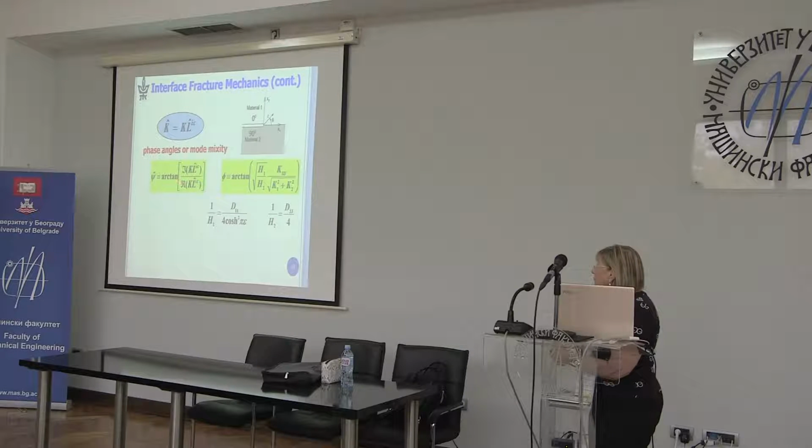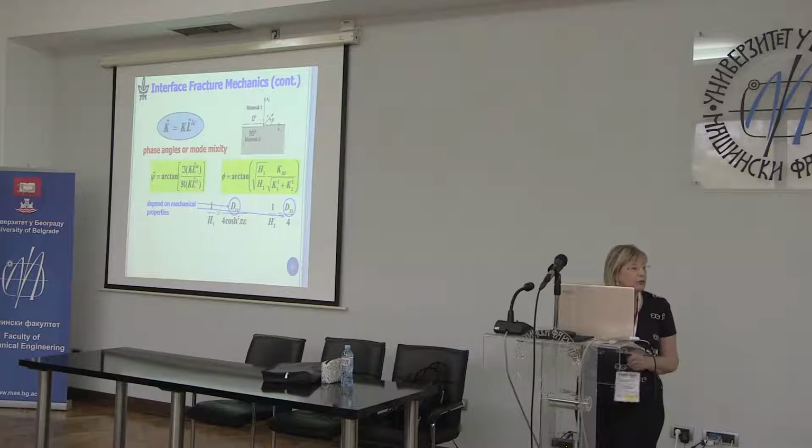Now we have H1 and H2. And now all of a sudden you have epsilon, the oscillatory parameter, and all of a sudden I've thrown these D's at you. They're functions of the mechanical properties that you obtain when you use the Stroh formalism.